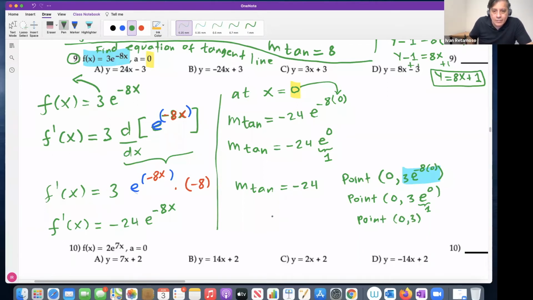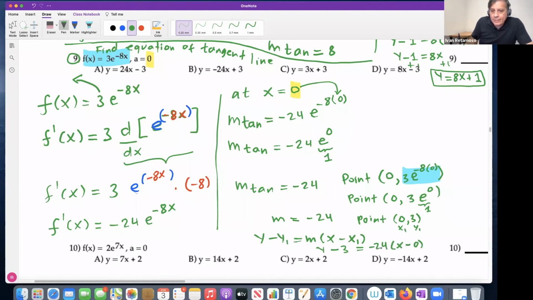And the slope, minus 24. With this slope at this point, using the point slope form of the equation of the line, where x1 is this and y1 is this, you get y minus y1, 3, equal slope, minus 24, times x minus x1, 0.